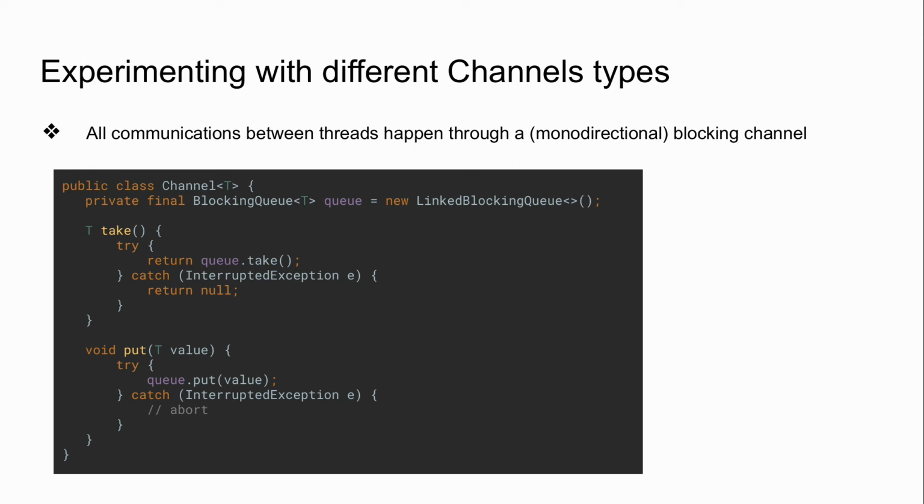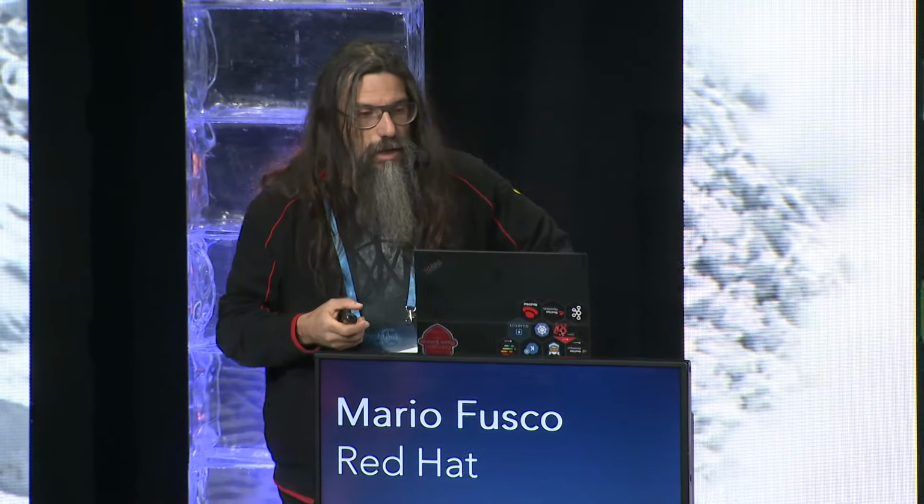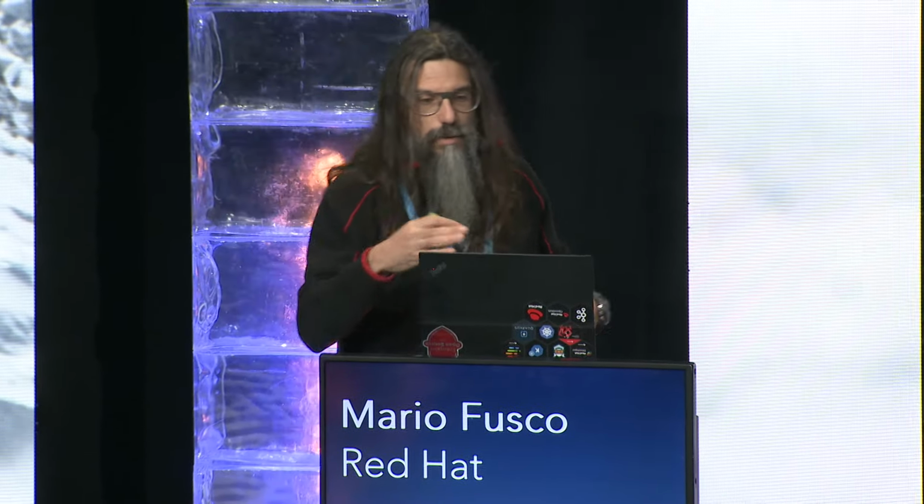The other thing that I wanted to check was if I could do better by changing the implementation of the communication channel between two threads. Okay, so this, as I said, this communication channel is a monodirectional blocking channel. I created an abstraction of it.